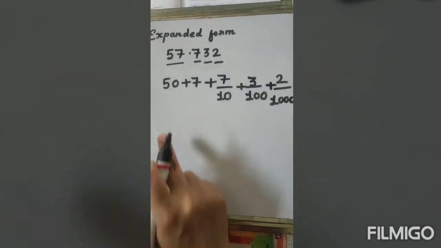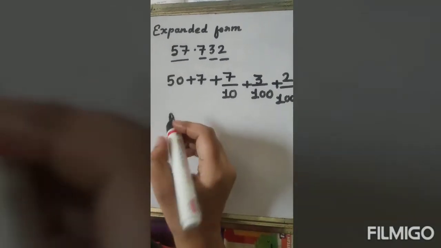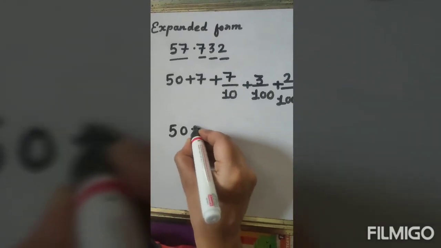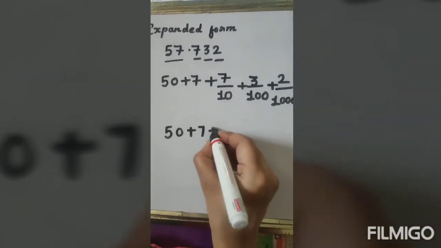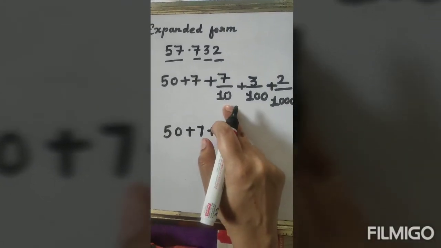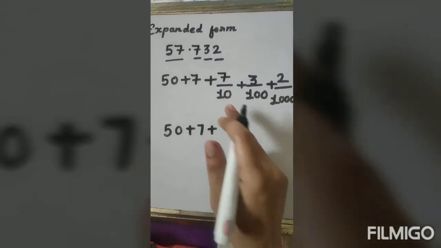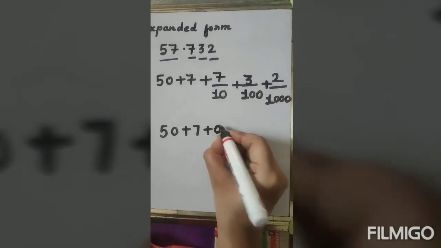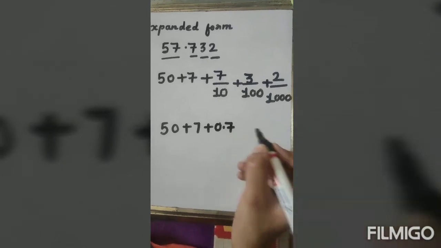Okay, now we will talk about the decimal expansion. So this whole number will remain the same, 50 plus 7. Now this is the tenths place, 7 parts out of 10 parts. It means 7/10, and 7/10 means 0.7.